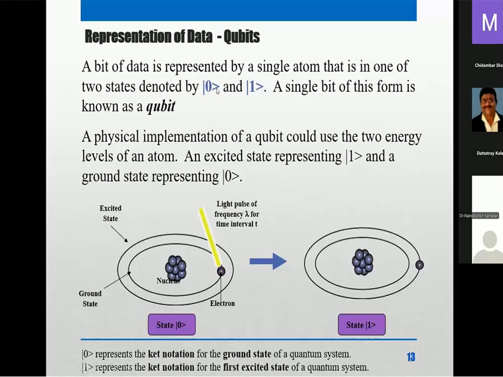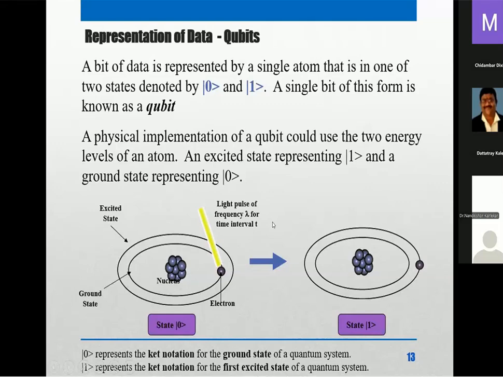So 0 represents the ground state, and 1 is called the excited state. A single bit of this form is known as a qubit. The physical implementation of a qubit could use the energy levels of the atom. An excited state presents superposition of the excited state and the ground state.